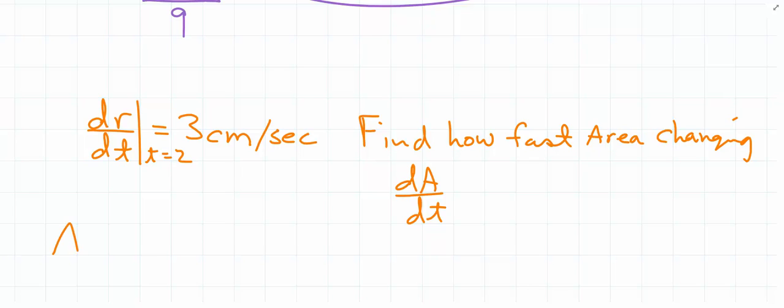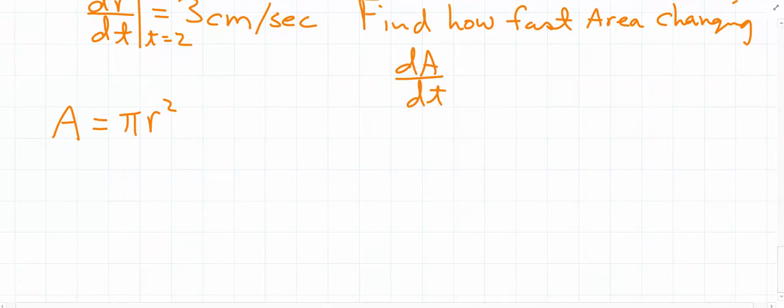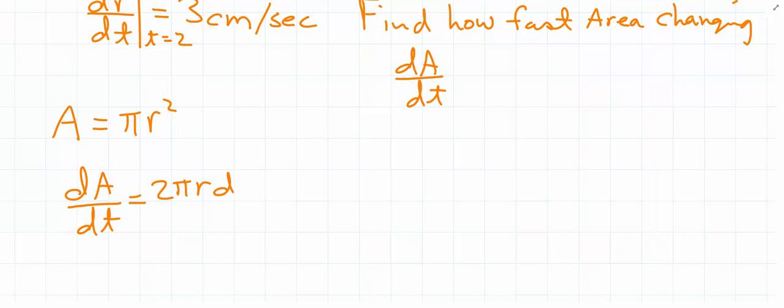And we do, right? Area equals pi r squared. Okay, so now we can put on our differentiation boots and say, dA/dt is equal to 2 pi r dr/dt. I just got away from the r prime there.